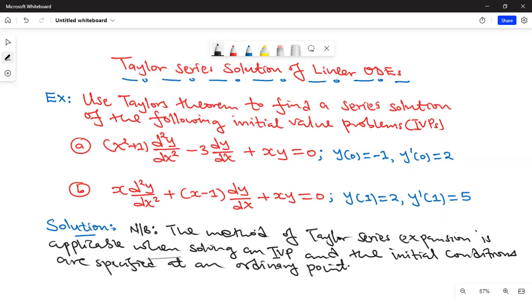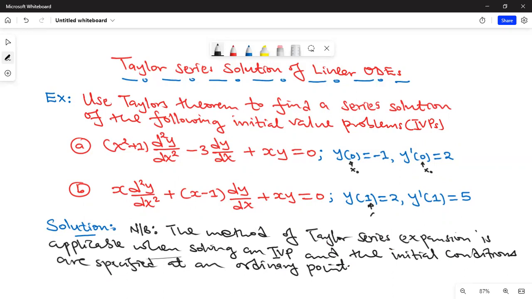You must ensure that that point x0 must be an ordinary point. This is what I mean. The value of x here, what you're calling x0, it must be an ordinary point.